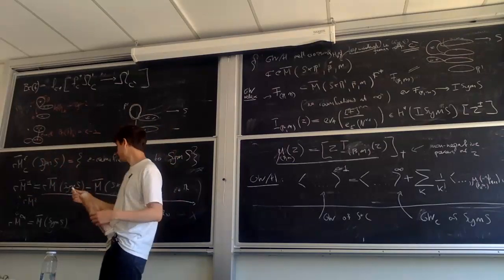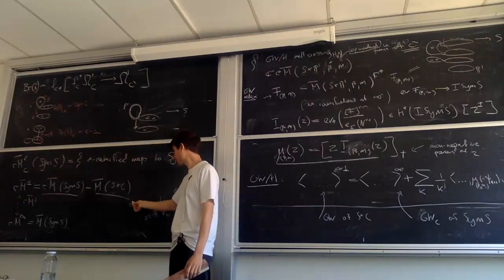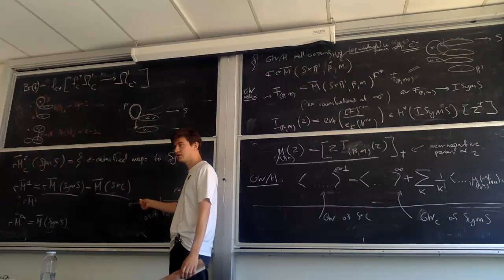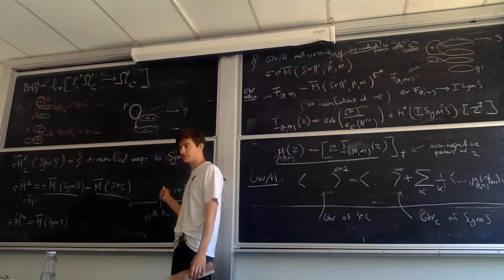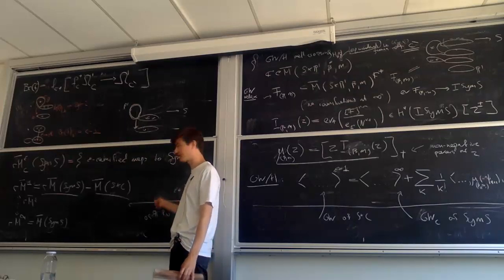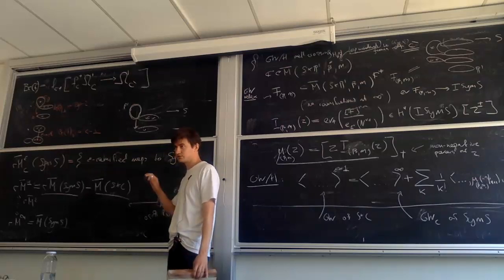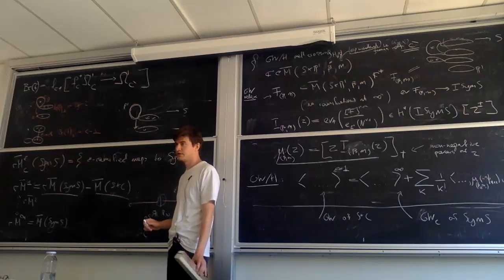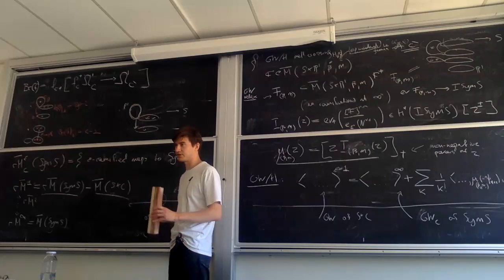And this is done by doing wall crossing on both sides, and this is proven in some sense by doing this wall crossing, and there is also analytic continuation around zero. So it's reasonable to think about it this way.